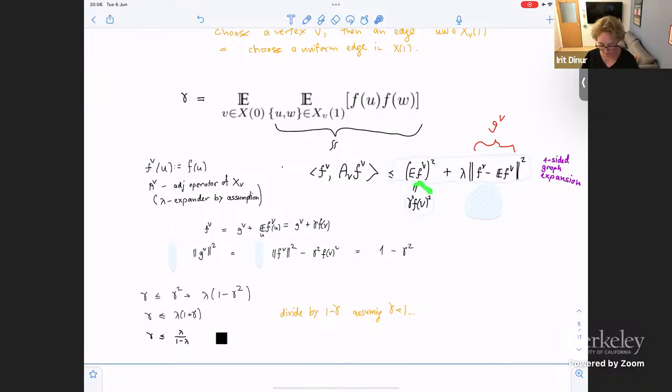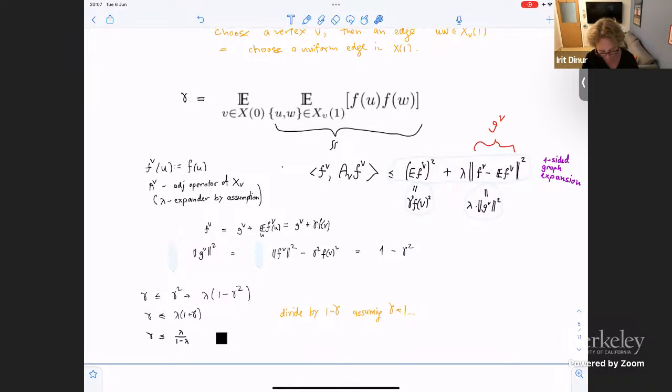So this is the term you get from J. And then this is the error term. This bound is lambda times the norm of G^V squared. And now all we have to do is take these values, take expectation over V and see what we got. So I guess I have here G of V.